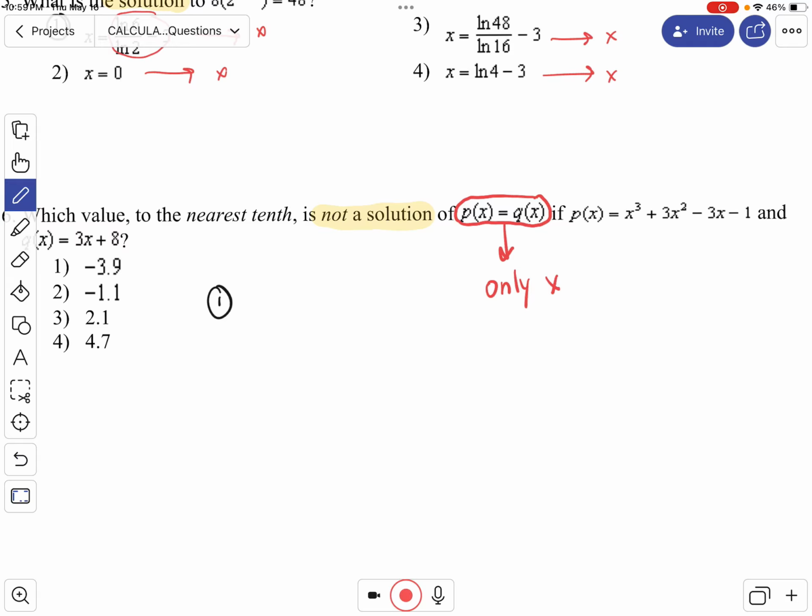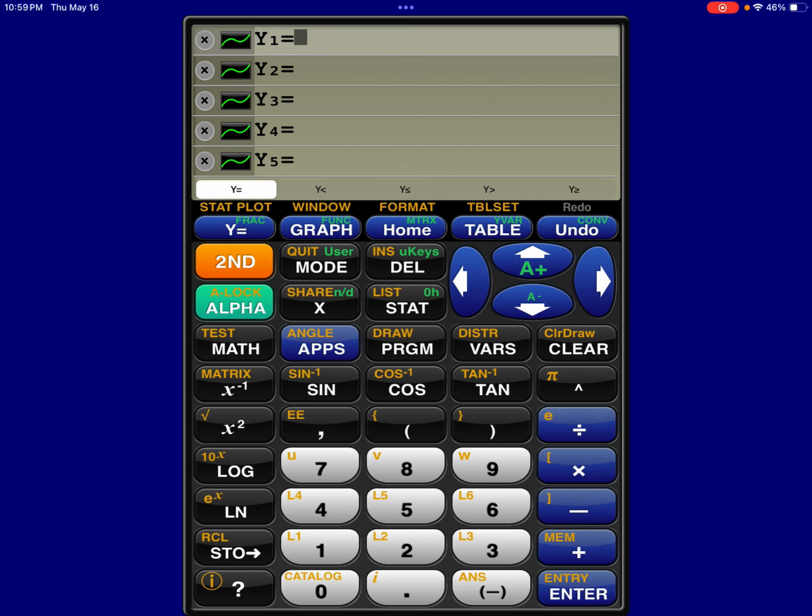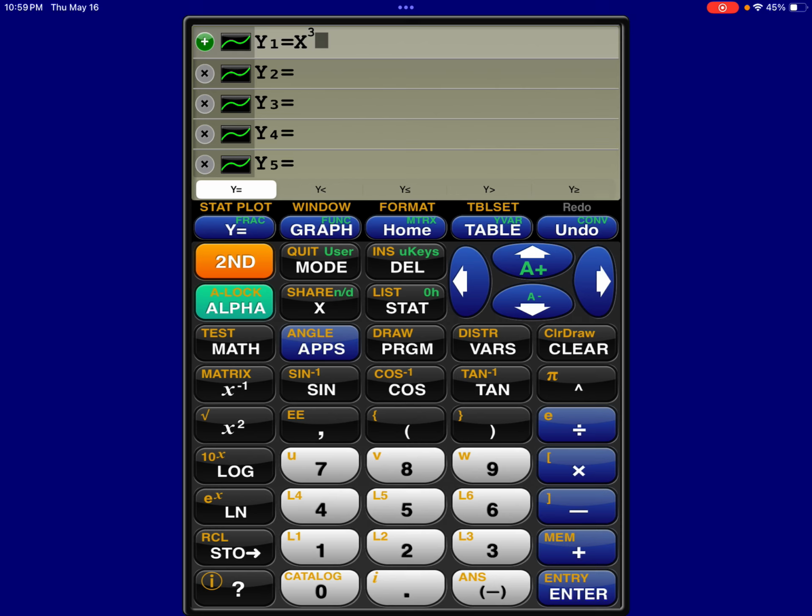To get the intersection button, you're going to go to second trace and hit intersect. Go to your y equals and plug the first function in, x to the third plus 3x squared minus 3x minus 1. The second one is 3x plus 8.